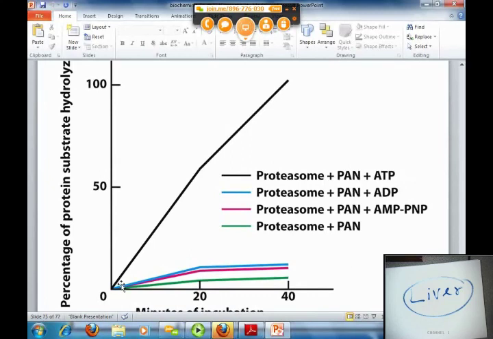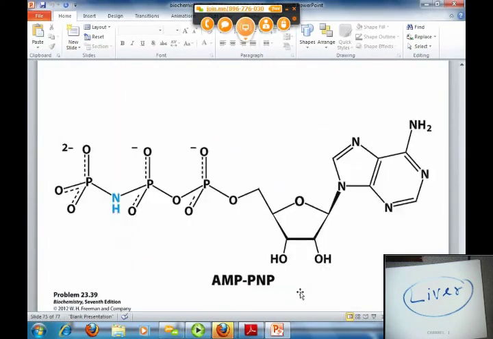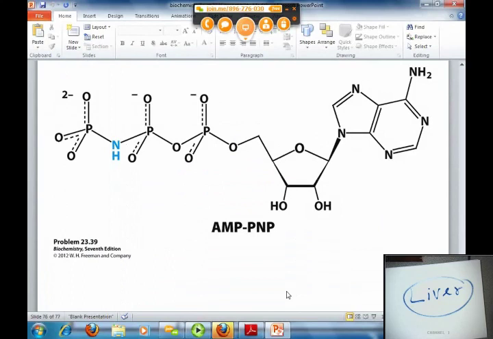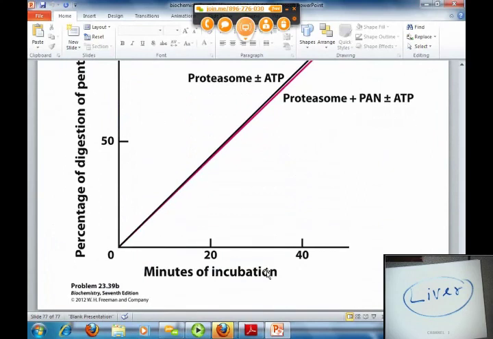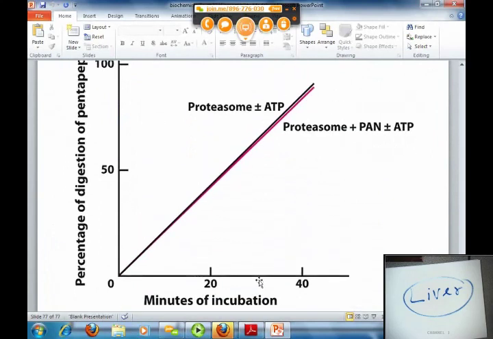So a percentage of protein substrate is hydrolyzed, you need ATP to degrade this protein, whereas here it is not. So you have to have ATP, and only then the proteasome is activated. That is another example of this. And proteasome plus ATP, you can see that one here. So this is the confirmatory experiment with the protein degradation pathway.